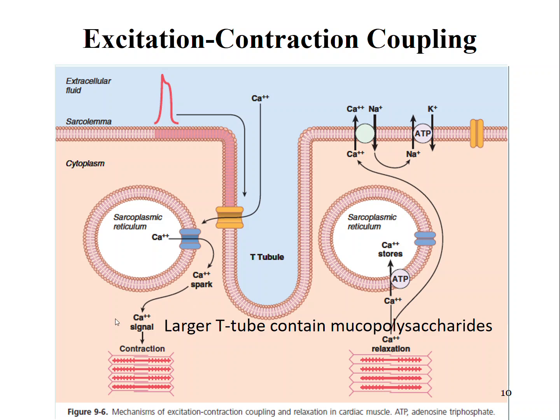Then this calcium will activate the molecular mechanism of contraction like skeletal muscle. Then this calcium will be pumped back into the sarcoplasmic reticulum, or pumped out through this exchanger, and a small amount may go into the mitochondria.